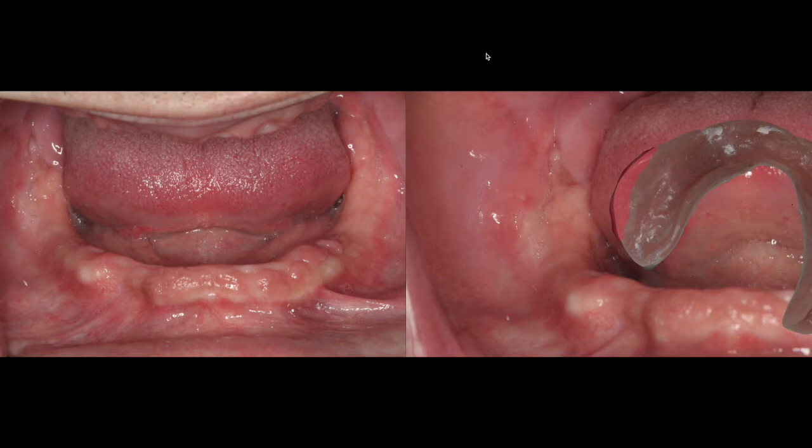When you look into the intraoral condition carefully, you could identify the red indentation mark on the M-plane area. It is caused by the overextended removable prosthesis, showing on this picture.